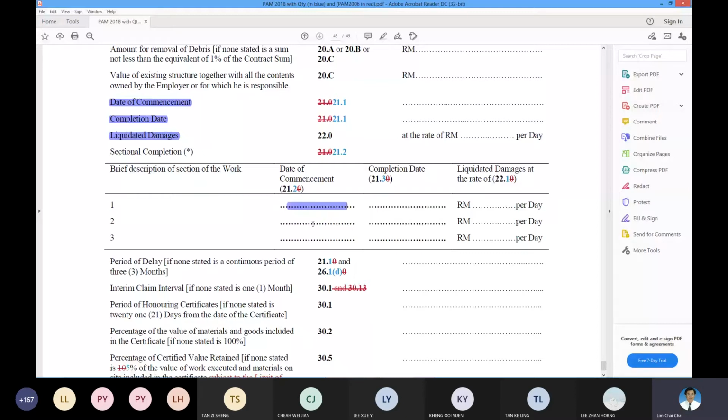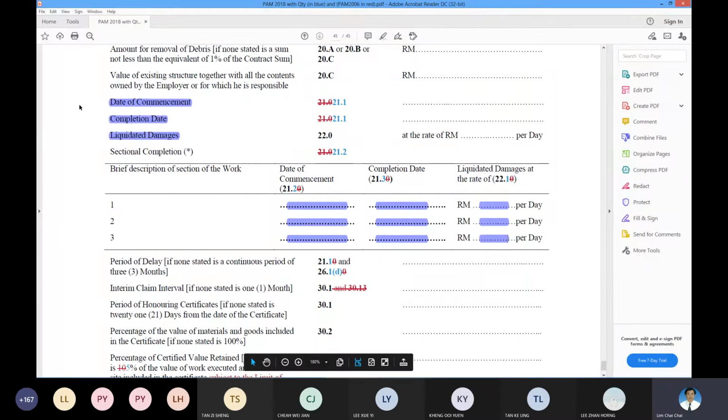So this one is having different phases. If it's a single phase, only the top one you will see. And then you must have the individual LD. So this one is in phases.